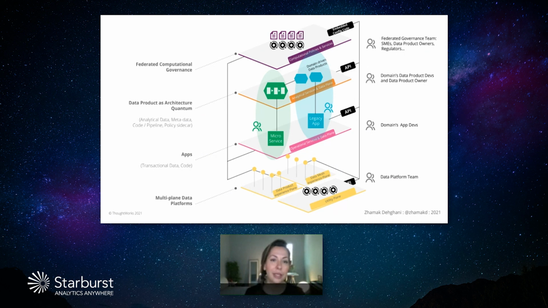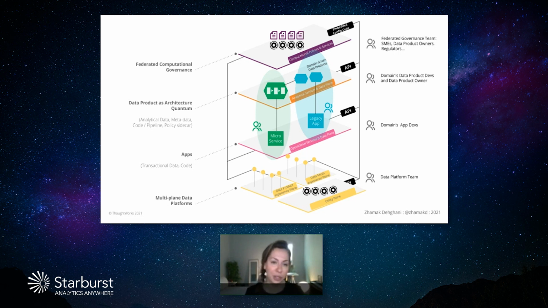So in the bottom layer, you kind of see this idea of the multi-plane data infrastructure. This data infrastructure to bring the mesh to life has a lot of capabilities. So we need to have to somehow wrap our head around different classes of capabilities. So your data platform team is not only now providing your utility tools, the storage, the compute, the workflow management tools or pipeline management tools, but they also provide a new level of experience, a new set of APIs and interfaces for data product developers to be able to manage the lifecycle of data products.